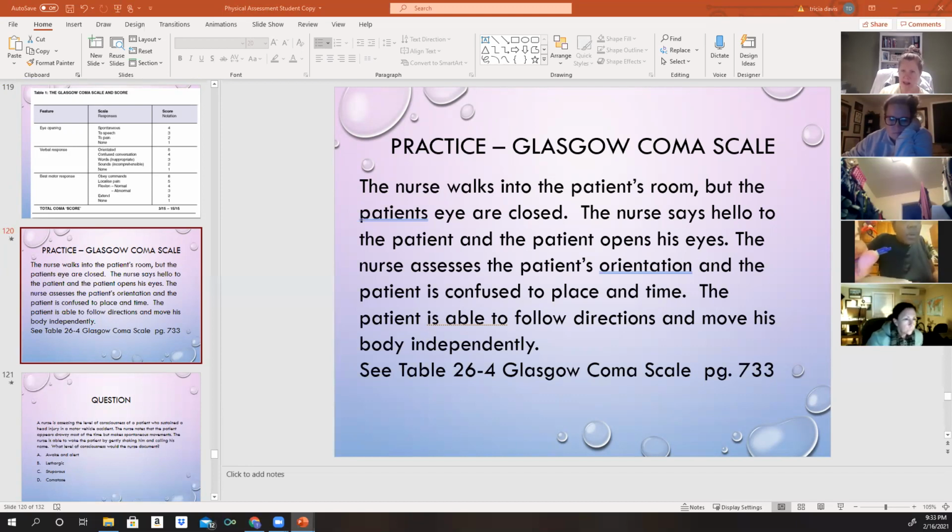And then the patient is able to follow directions and move the body independently. What are we going to give them? 6. So what should their score be? 13. You got it. Very good.